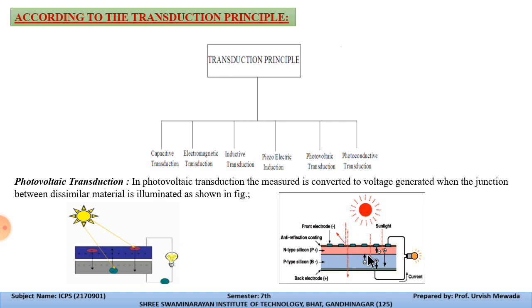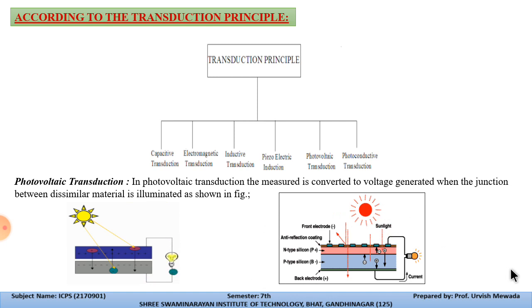So the heat which is produced cannot break this junction, and recombination of charges will not take place, and so the current will not flow from the p to n plate. So this is the diagram which shows the photovoltaic transduction.